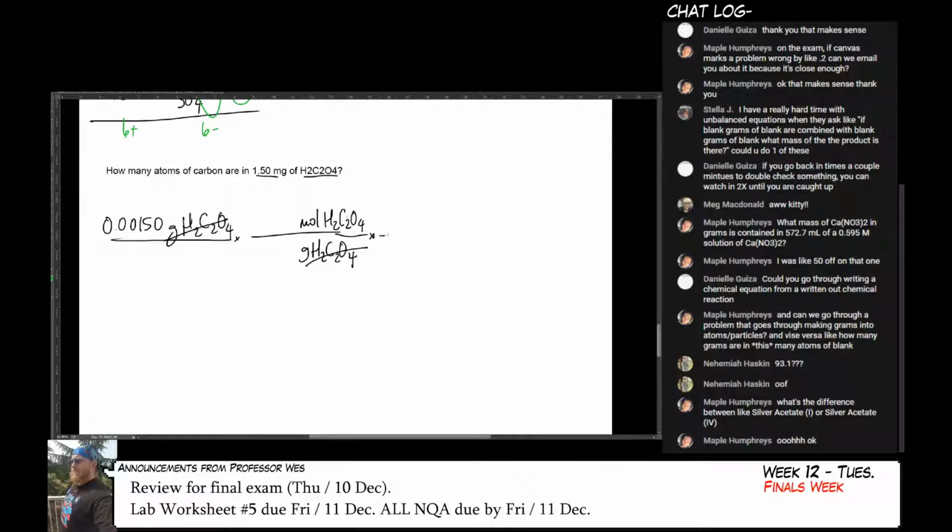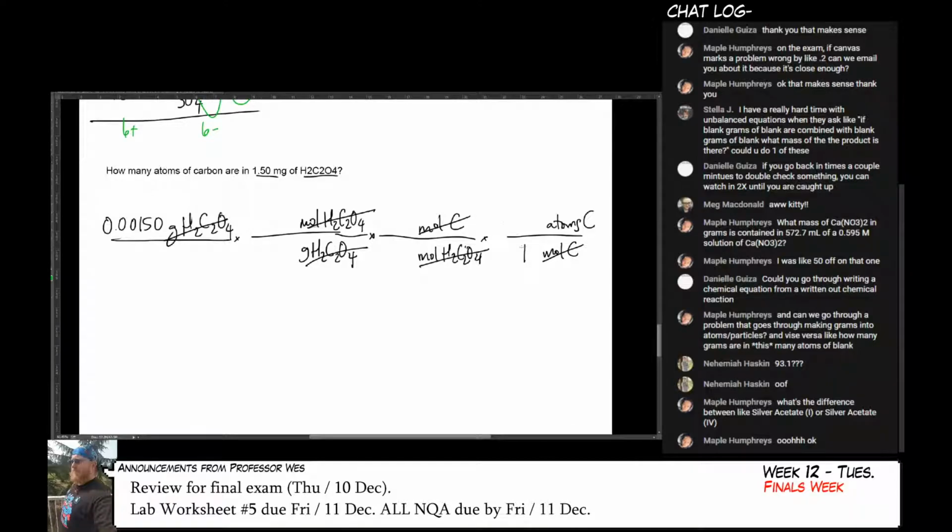And then from there, we could do a mole ratio to go from moles H2C2O4 to moles of carbon. Because remember, you can do moles of one thing in the molecule. And then I could figure out how many atoms of carbon are in a mole, because I know the relationship between atoms and moles.